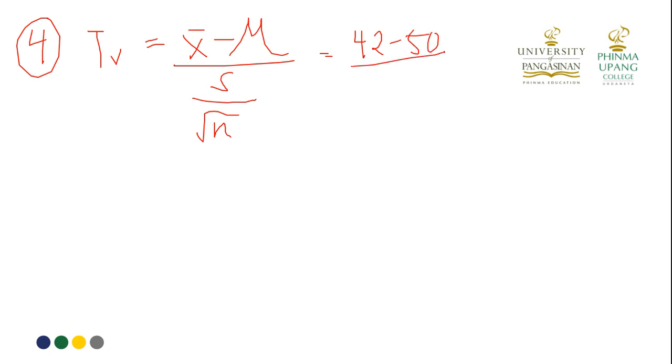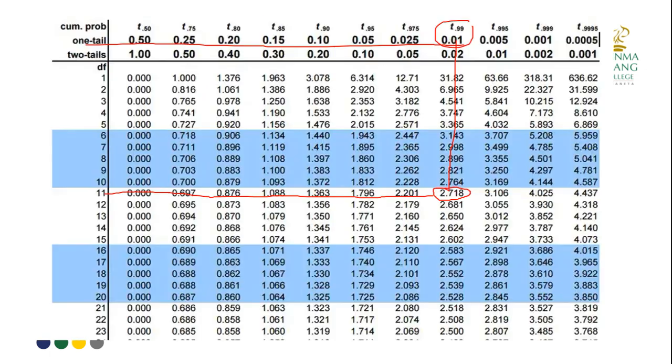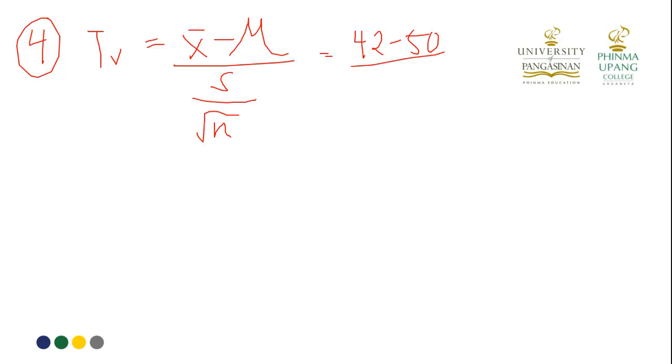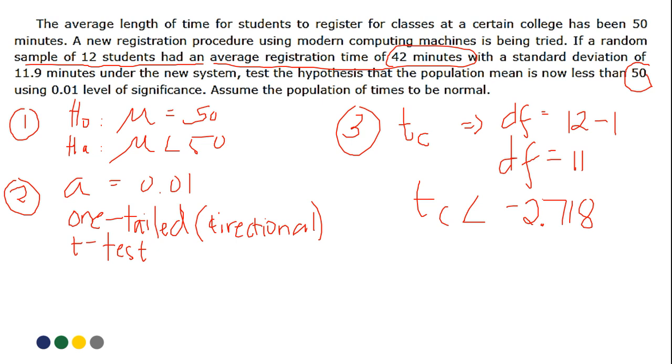The mu here is 50 because that is our step number 1, the population mean.